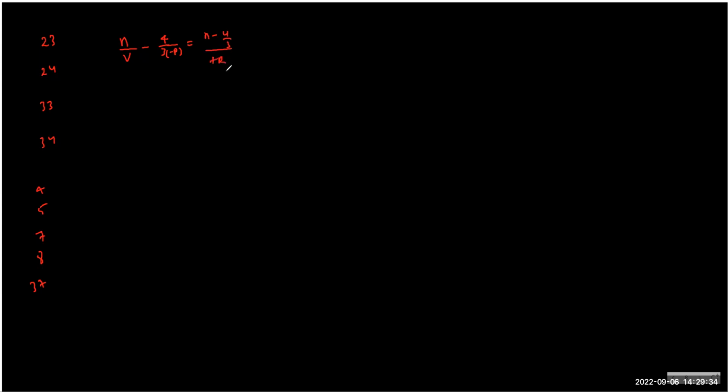The answer given is, I think, 10 by 9. Oh, what is this? R is given as 20. Just a minute. The answer given is roughly 1.5. Okay, they're asking n only.